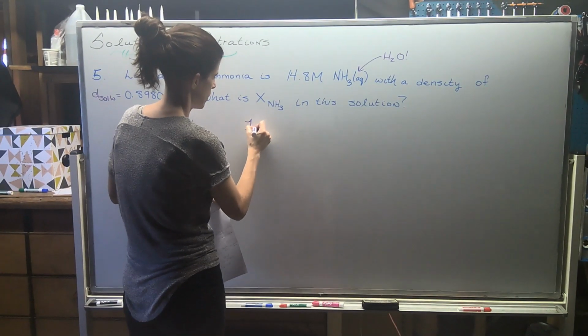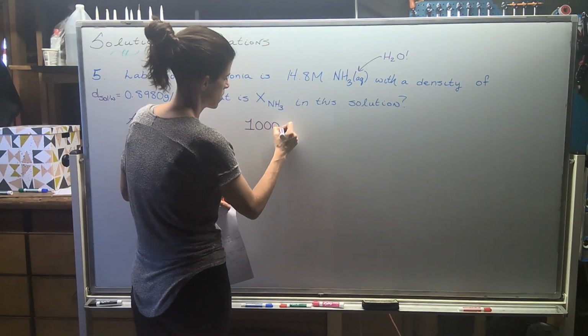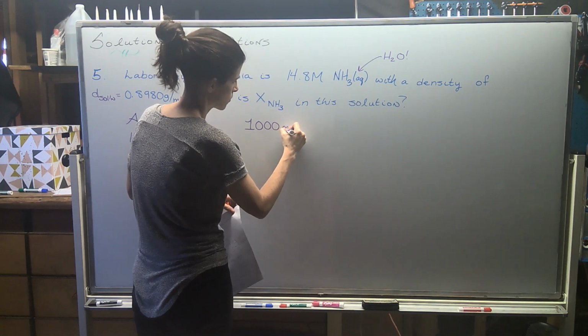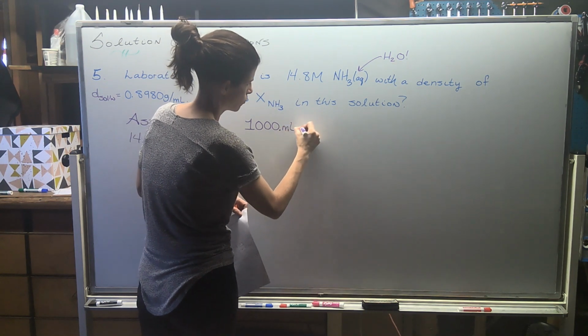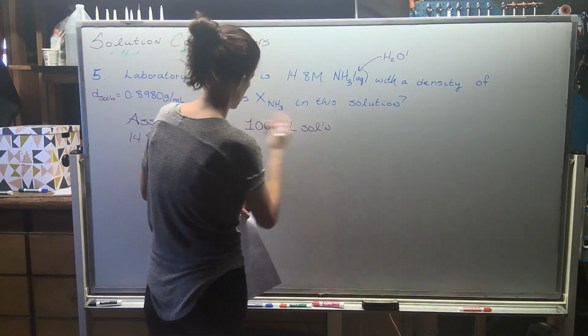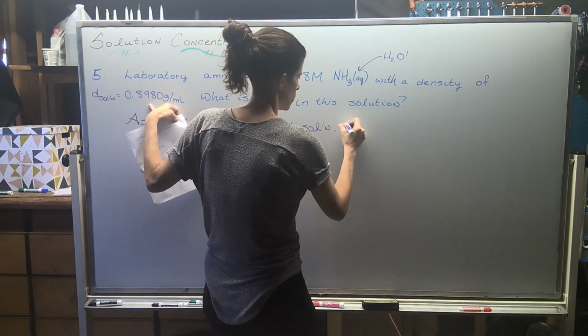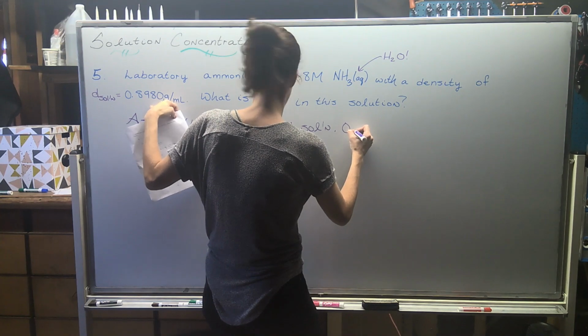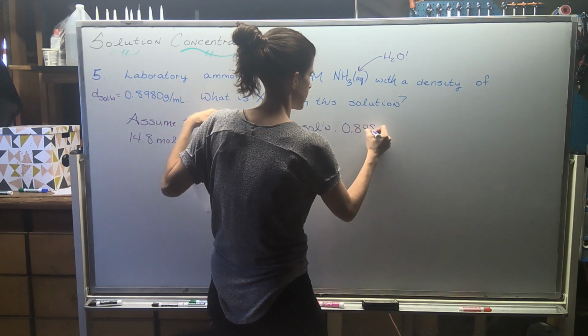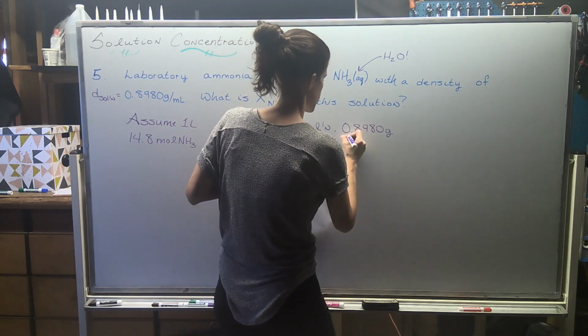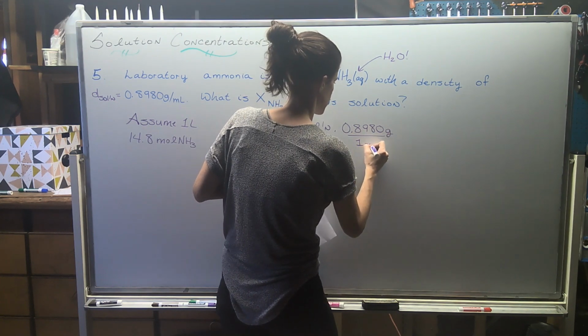So let me set that up. So I have 1,000 milliliters of solution, or 1 liter, and we're told that it has 0.8980 grams per 1 mL.